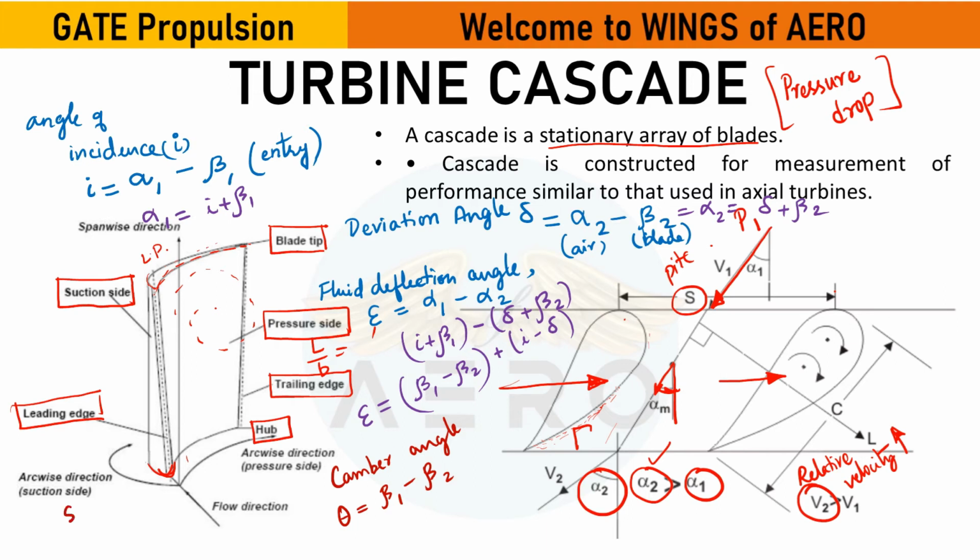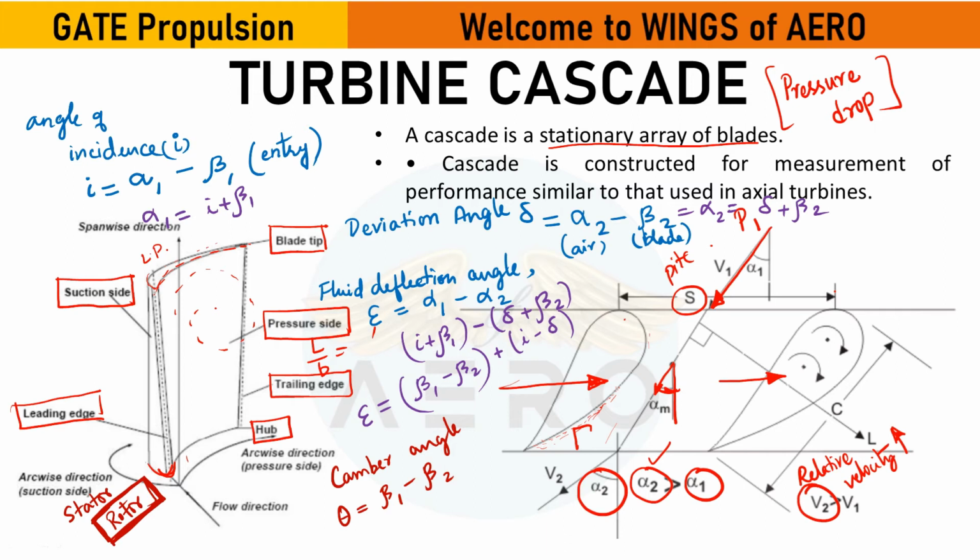They will mention either stator or rotor, but these principles are mostly implemented for the rotor cases, when the airflow is entering into the rotor, because the rotor is the only one which is creating flow momentum, right? You got my point?